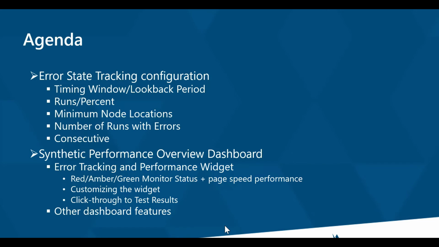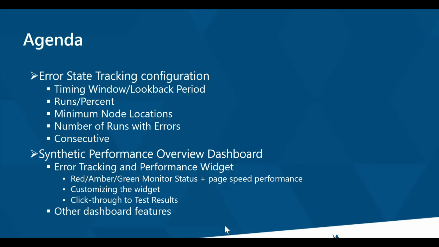So here's a bit of an overview of what we're going to talk about today. We're going to focus on the error state tracking configuration and the synthetic performance overview dashboard. As part of the error state tracking configuration, I've listed out the options here just to give you an idea of what you can do.